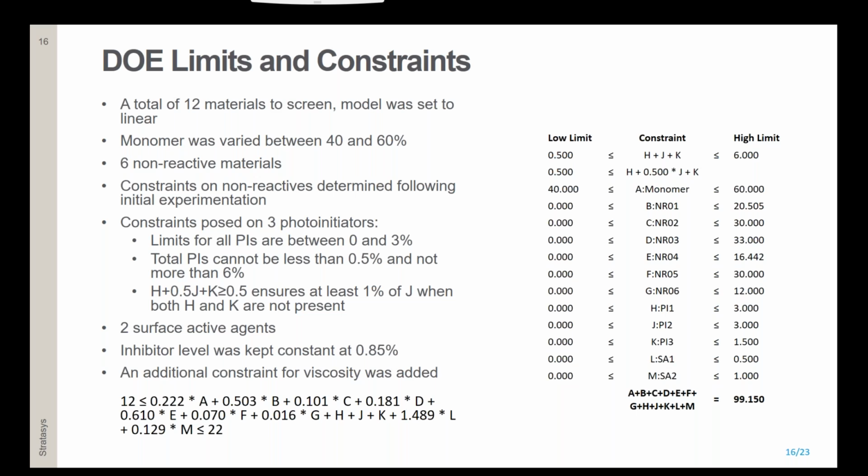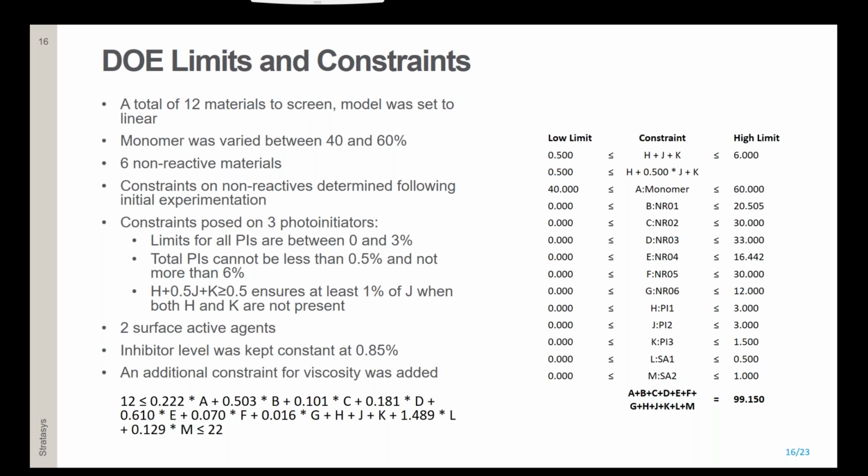Although the limits for the PhotoInitiators were between 0 and 3%, you need to have some PhotoInitiator for everything to work. As the instructor at the Statasys course for mixture said, in order to design for a cake, you need to be able to make a cake.